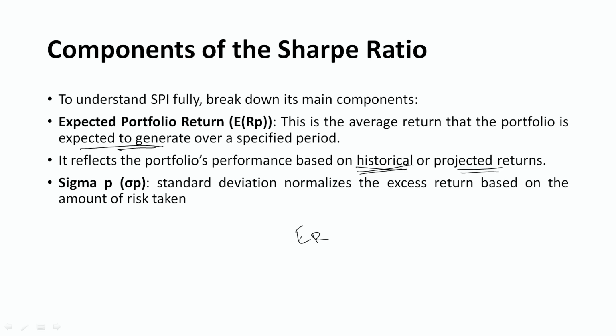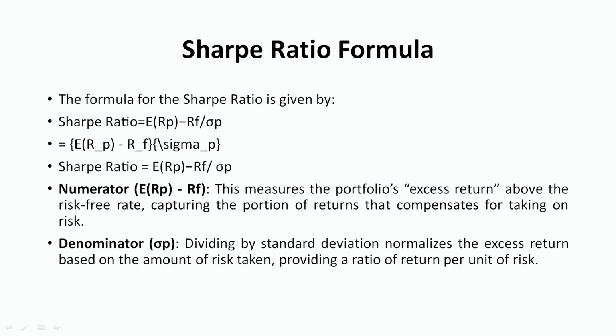Another important variable which we are going to use in the formula is sigma. The sigma is nothing but the standard deviation, which is normally used to normalize the excess return for the risk which we have taken. How we are going to use it, we will understand it over here. So, this talks about the Sharpe ratio, talks about the excess of the return which I have earned, that is ER.